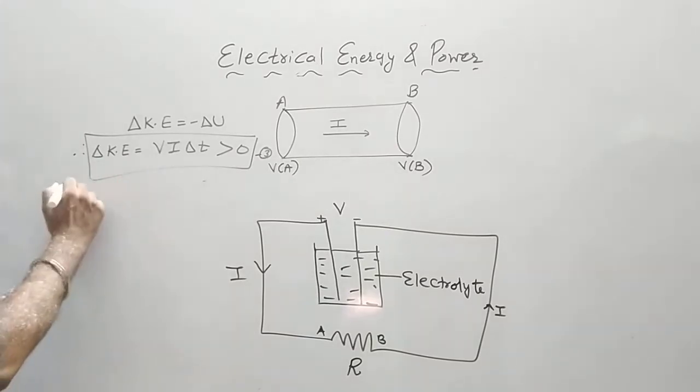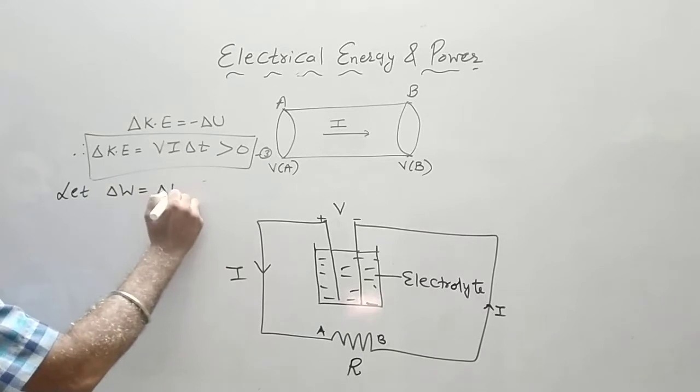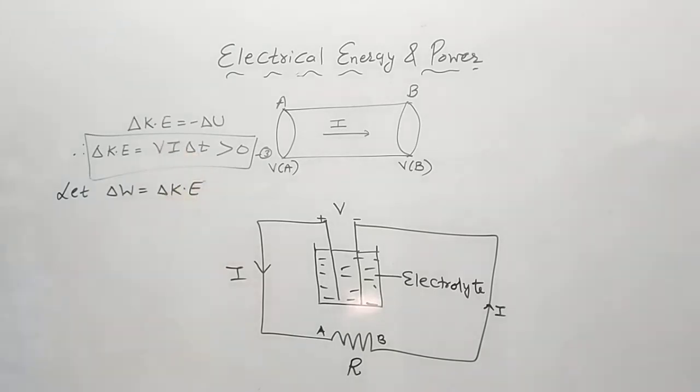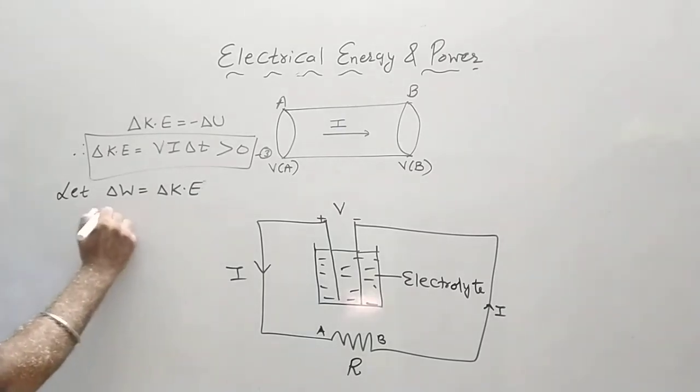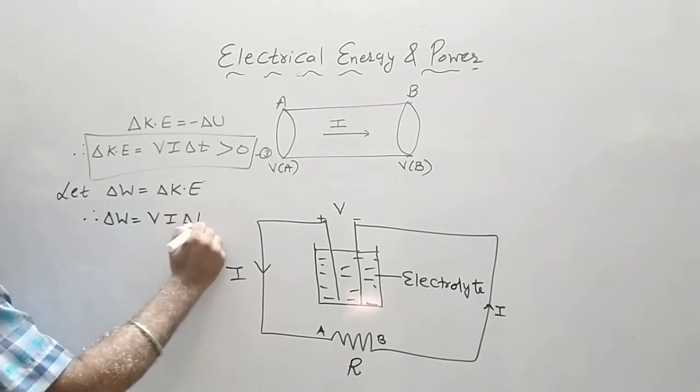Now let delta W be equal to delta KE. That is the work energy theorem. In fact, I can write delta W, work done, is equal to change in the kinetic energy. So therefore delta W is equal to V I delta T.